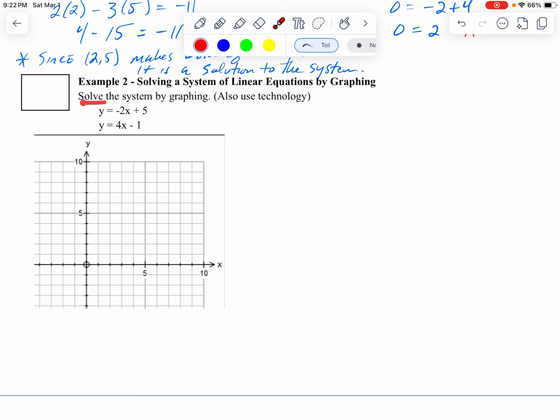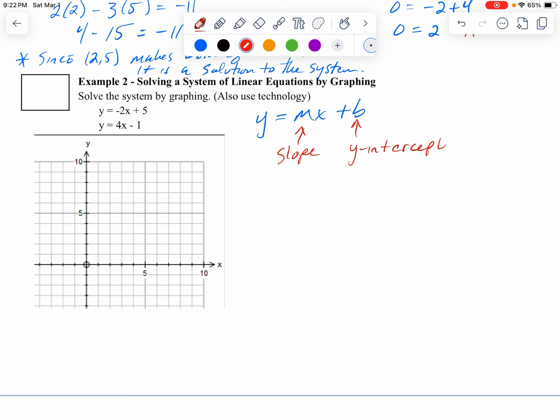But generally, we're going to want to get it into slope-intercept form, meaning y equals mx plus b, so that we can just pick out our slope and our y-intercept and easily graph our equations. So we'll do the top equation here first.